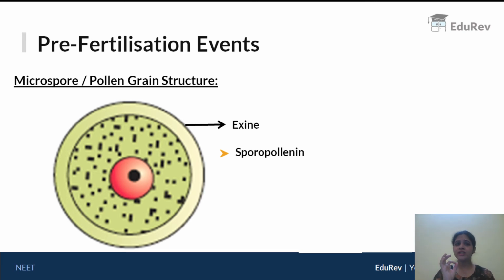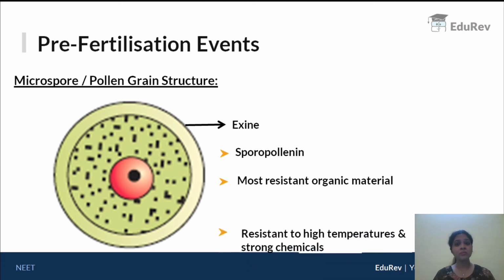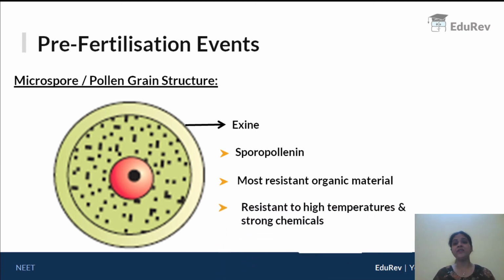But sporopollenin is a very, very resistant material. It's the most resistant organic material. Now why do we say so? We say this simply because there is no known acid, no known alkali that can destroy it. There's no known enzyme for that matter that can destroy it. And even at higher temperatures, it seems to remain intact. It does not break down. So it seems to be very, very resistant.